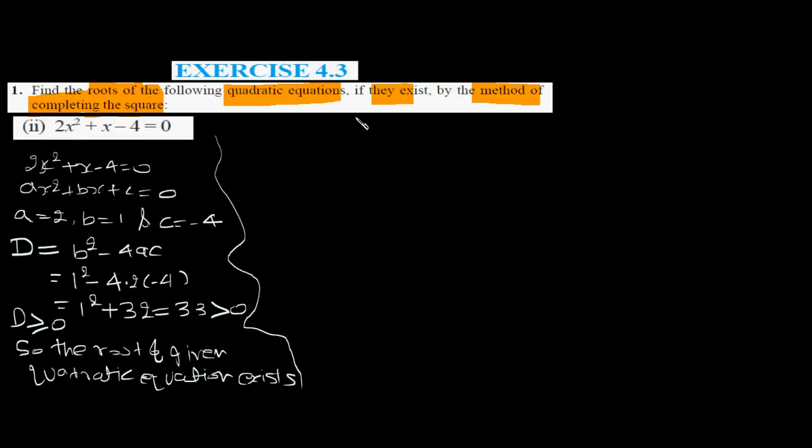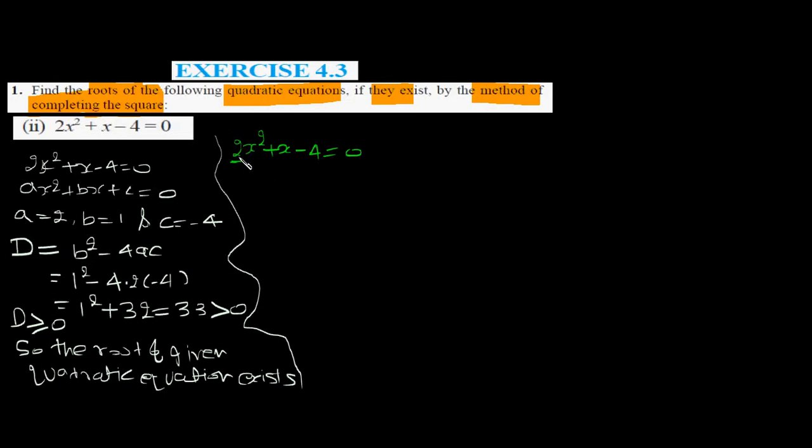Okay, so now let us rewrite our given equation once again. Our given equation is 2x square plus x minus 4 is equal to 0. Now as I have earlier told, when you want to solve the equation by completing the square method, first of all you must get rid of the coefficient of x square.